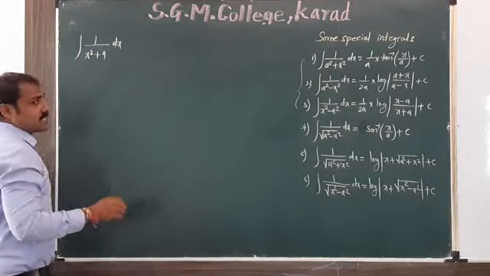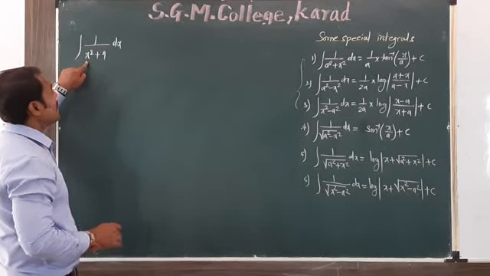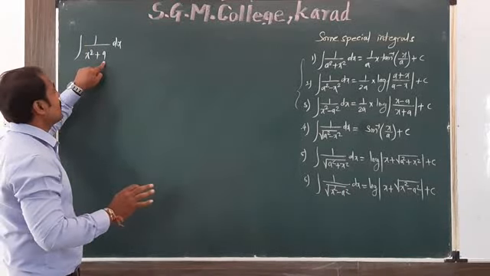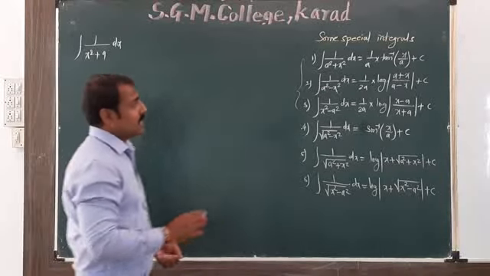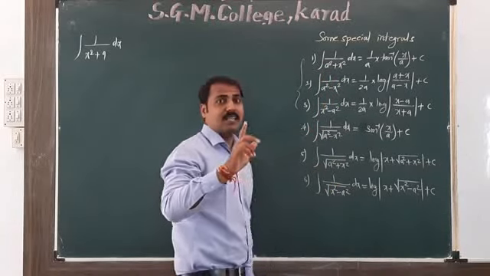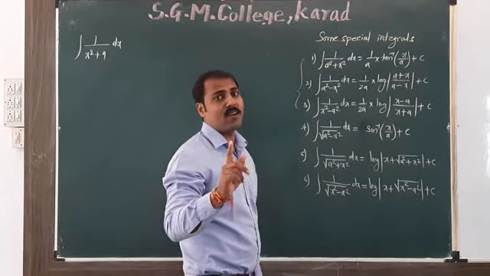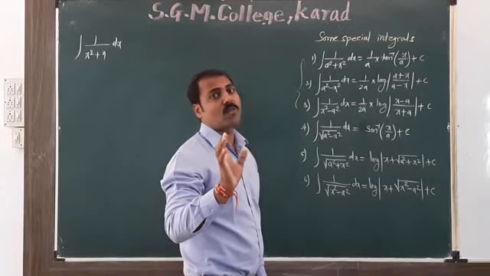First look here. In the numerator there is the term 1, in the denominator there is a variable square, and the second term of the denominator is a constant. Remember, this type is used when the numerator is 1 and the denominator has a variable square and a constant square.